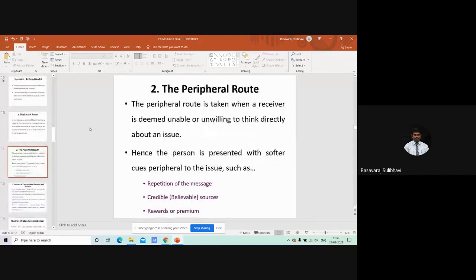But this same thing won't happen with the peripheral route, where you have to take the people to that particular level of interest. The peripheral route is taken when a receiver is deemed unable or unwilling to think directly about the issue.